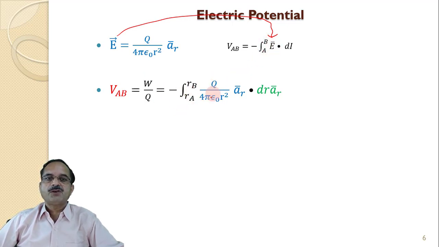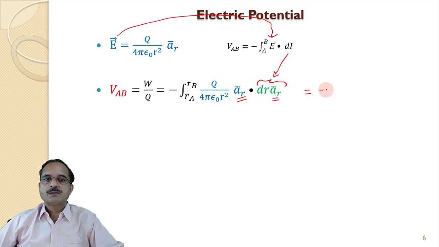Substituting E here, it is q upon 4 pi epsilon 0 r square aR dot dr aR, where this dr aR is the differential length dl. RA is the position vector at point A, and RB is the position vector at point B. Now taking q upon 4 pi epsilon 0 outside being constant, and aR dot aR is 1.